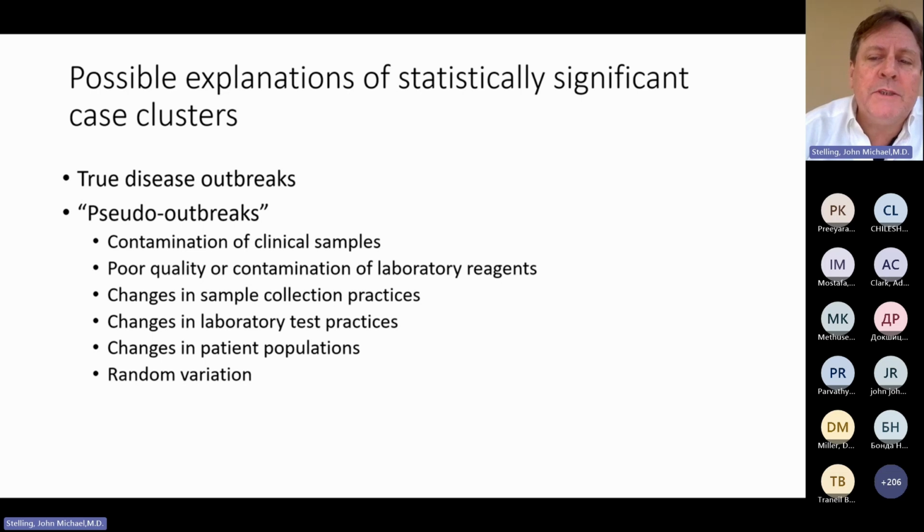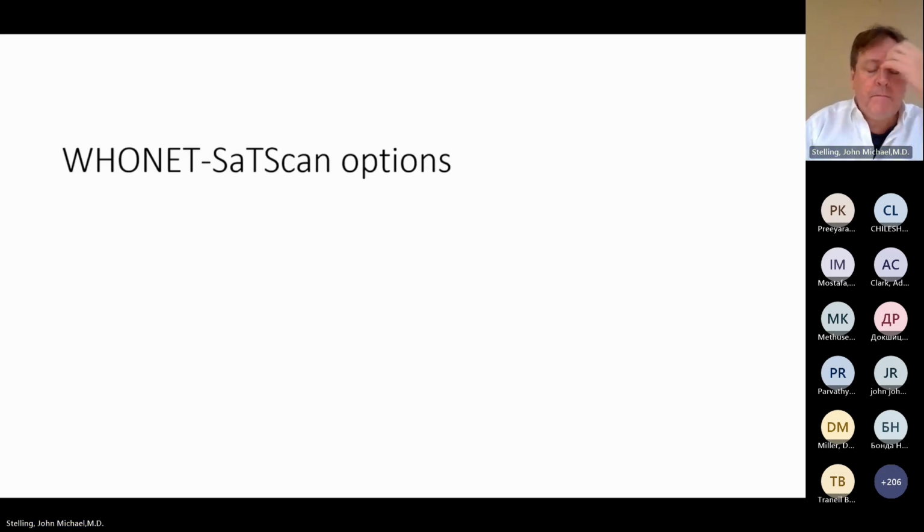So there are a number of reasons why you see these statistically significant case clusters. It's not a failure of SaTScan if it's not an outbreak. SaTScan is helping you to find statistically significant clusters, and that's SaTScan's job. It's your job to decide whether it's an outbreak and what should be done about it, or is it a quality issue? So now we're going to discuss some of the options.